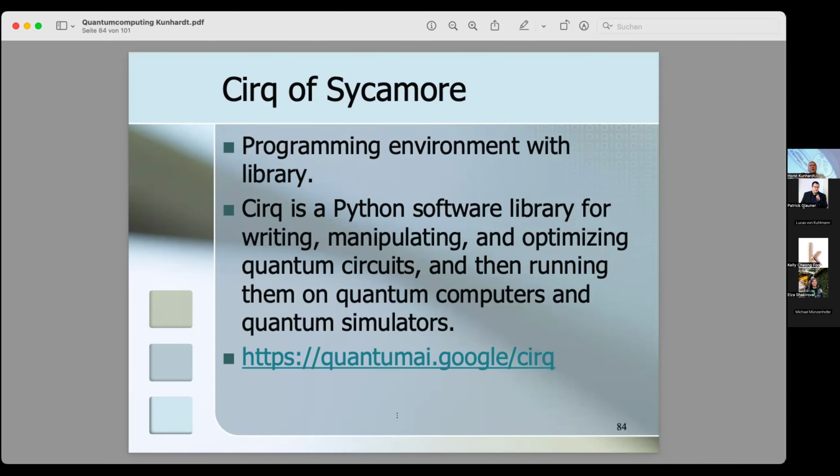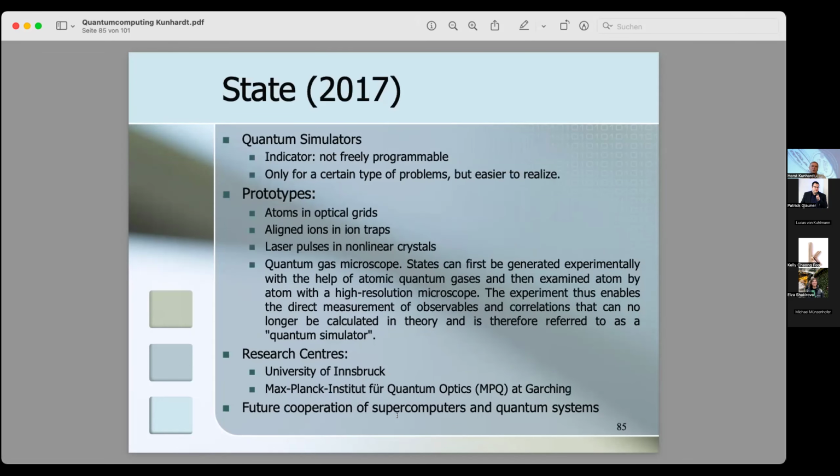So Google, IBM, Microsoft as well, the really big ones in the field of the big numbers in the world of quantum computing. So the Cirq system of Sycamore offers a Python library, where you can use it in order to make your first steps in quantum system programming.